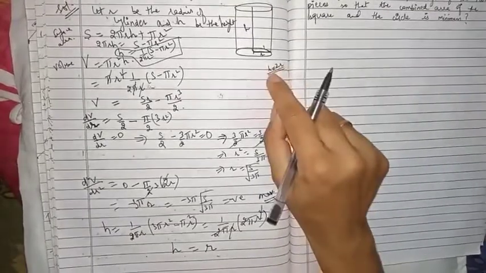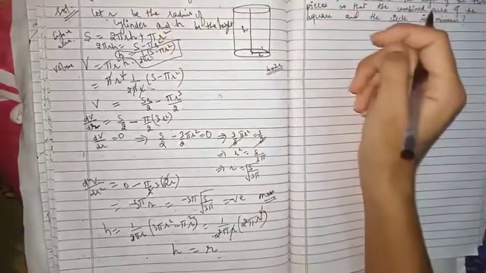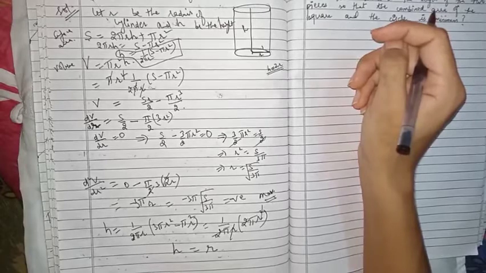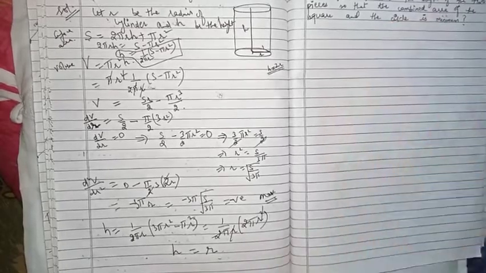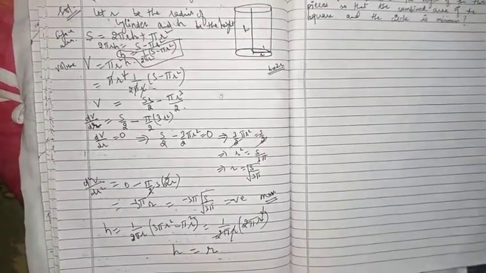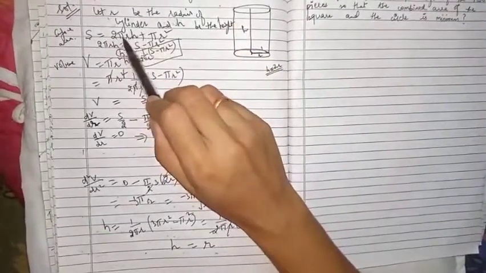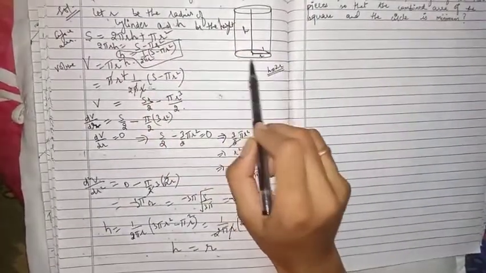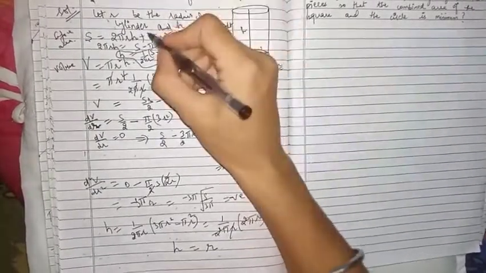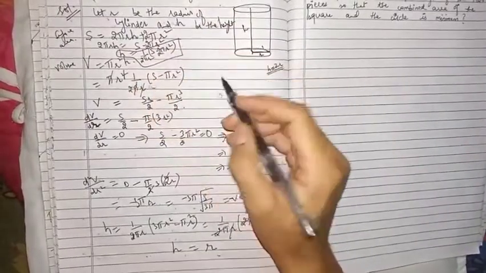But h should be equal to 2r, twice the radius is equal to the diameter, right? Something went wrong here. The thing that I have chosen wrong is this, because this is the area 2 pi rh plus pi r square. I have added the area from the bottom, but I have missed the area from the top, so it is 2 pi r square. It is 2 pi r, here it is 2 pi r, right?